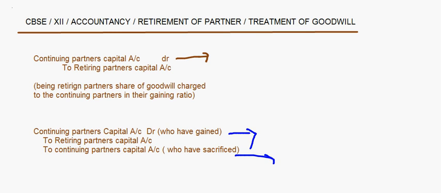Now, I am going to take up a question in which we will distribute the goodwill among the continuing partners. A, B and C shared profits in the ratio of 3:2:1.